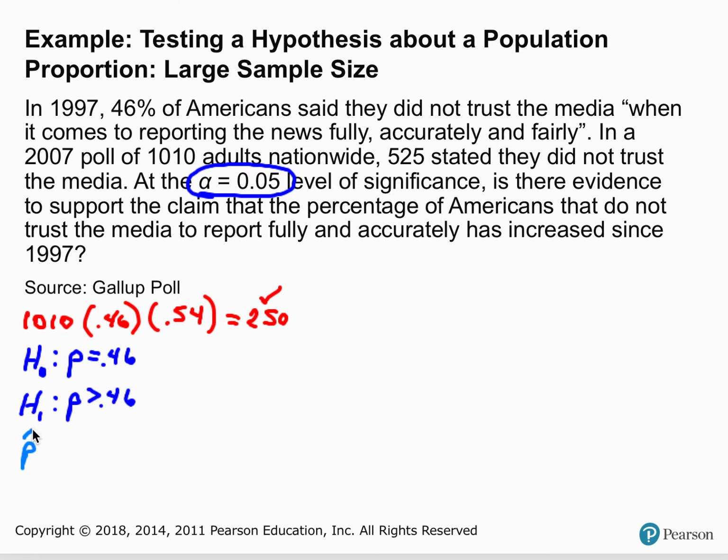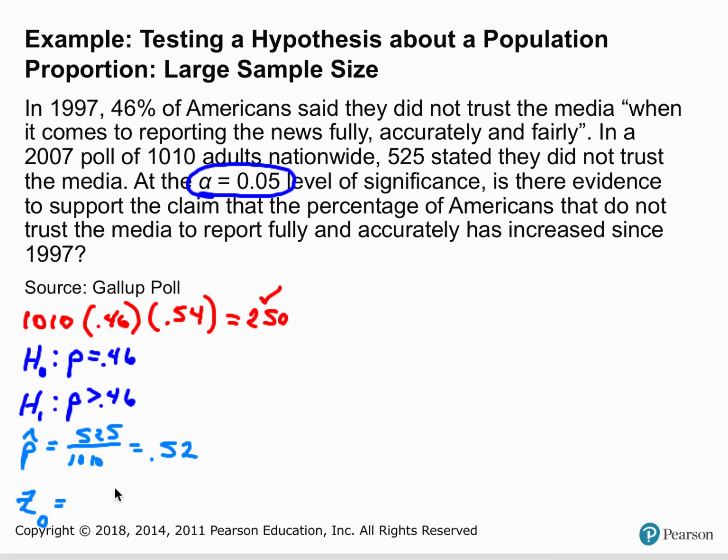So I need my p hat. p hat is 525 out of 1,010, or 0.5198, let's say 0.520 it rounds to. And let's compute our critical value, which is our test statistic, z sub naught.